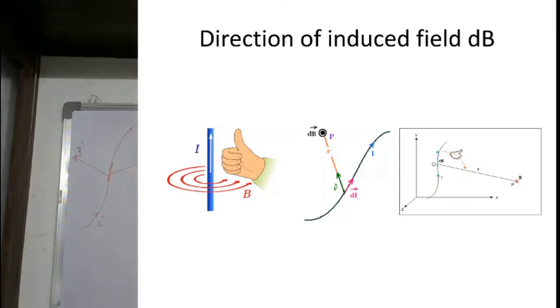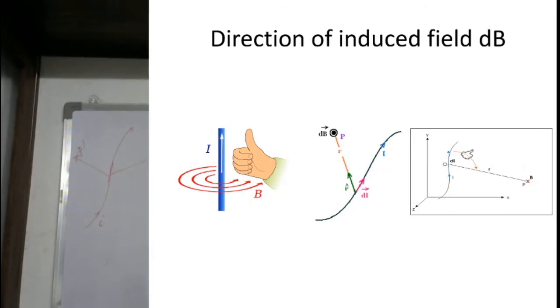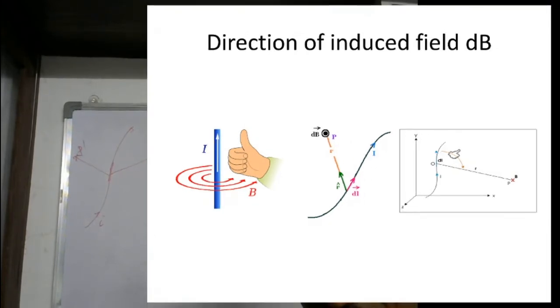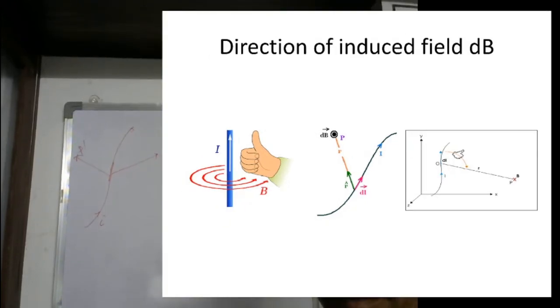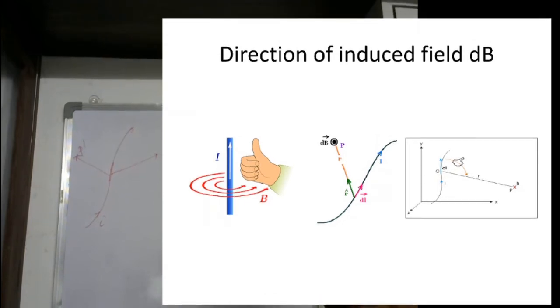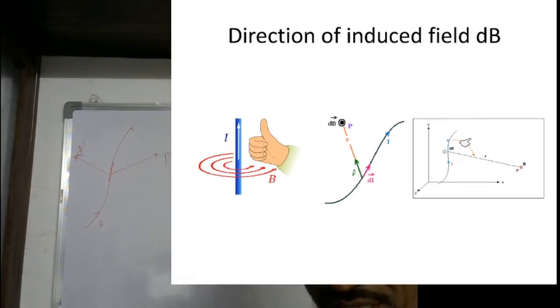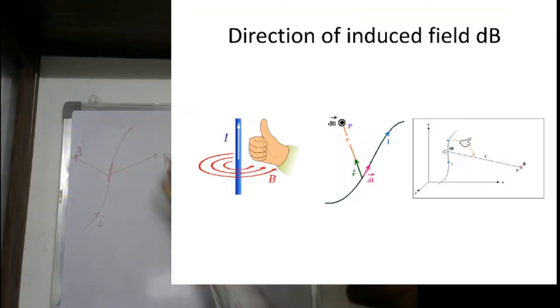You have the option of taking the point on this side or that side. You may choose your point here or here, somewhere else, wherever you need. Suppose you want to find the induced magnetic field on the right side or left side, whatever it may be. Your point may be anywhere.